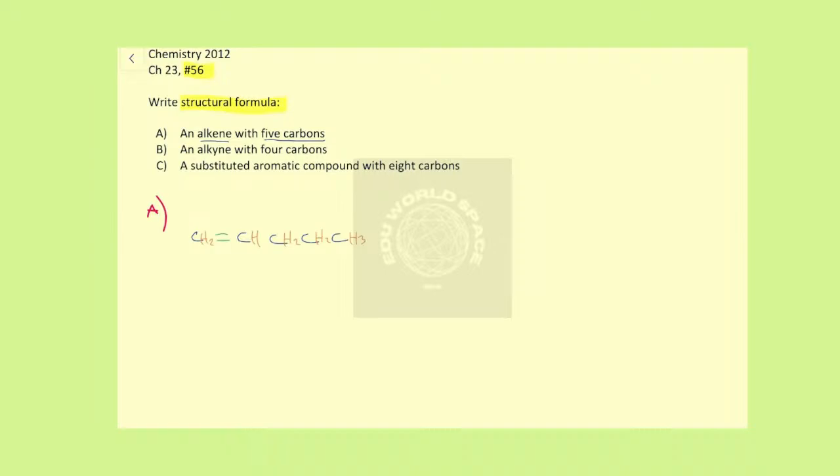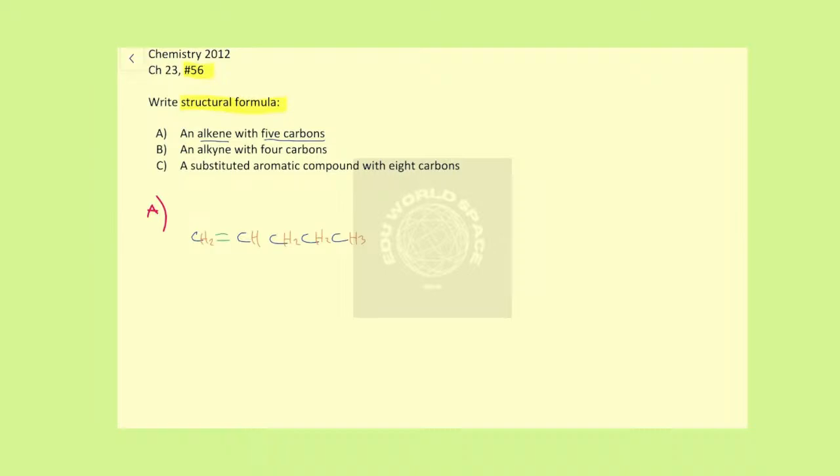Part B. We have an alkyne with 4 carbons, so I want to start with 4 carbons: 1, 2, 3, 4. We have an alkyne, meaning we have a triple bond somewhere, and I'm just deciding to put that again on the first carbon.